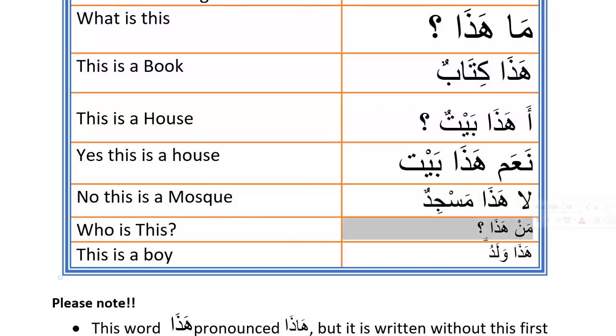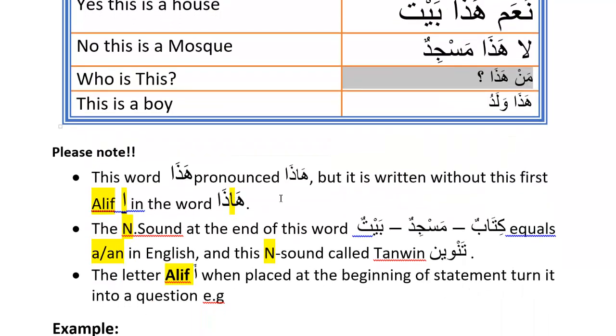Okay. من هذا. Who is this? من هذا. هذا ولد. This is a boy. Okay. So please note that this word هذا, when you read, you say هذا. You read exactly like this, but it's written like this.